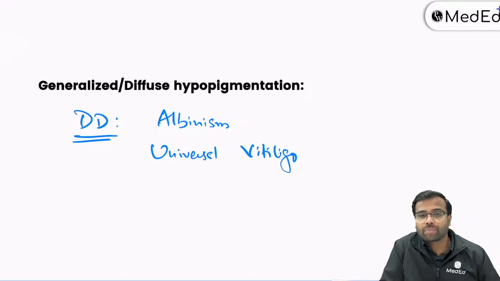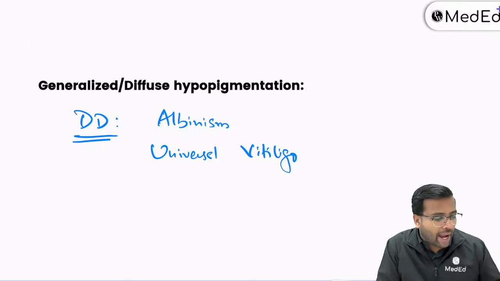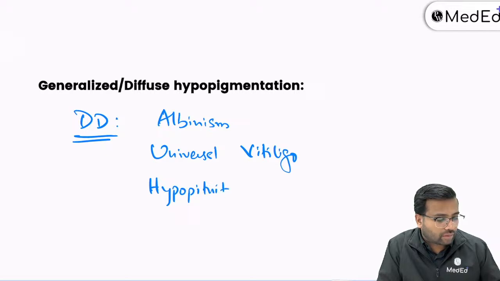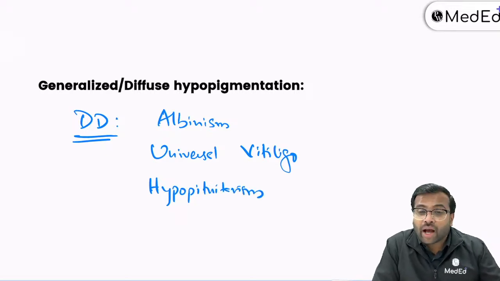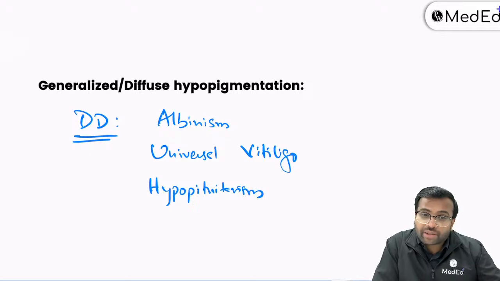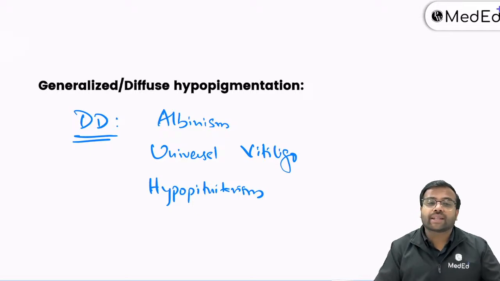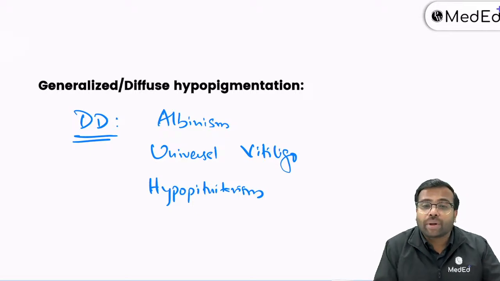See, sometimes what happens is hypopigmentation can lead to generalized hypopigmentation. Hypopituitarism can lead to generalized hypopigmentation. And earlier I have also seen that somebody had written about idiopathic guttate hypomelanosis, isn't it?